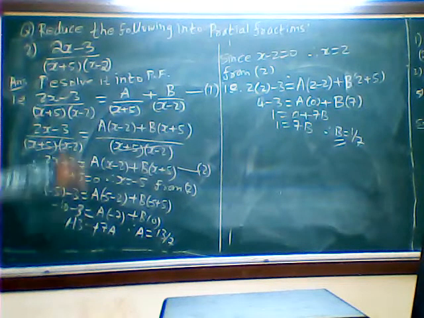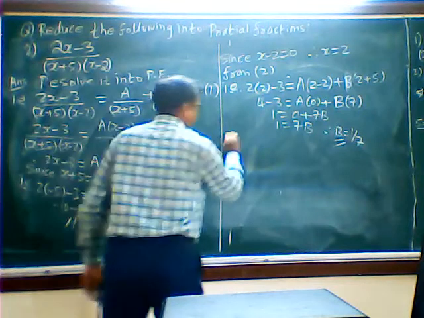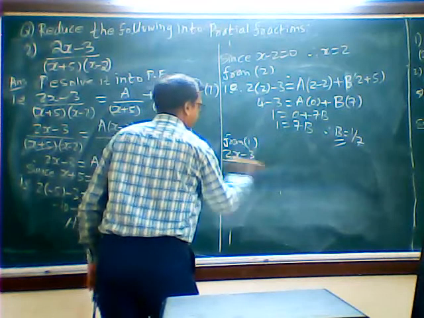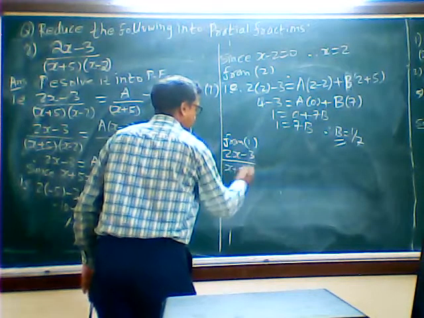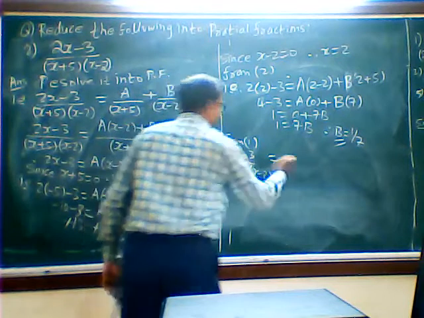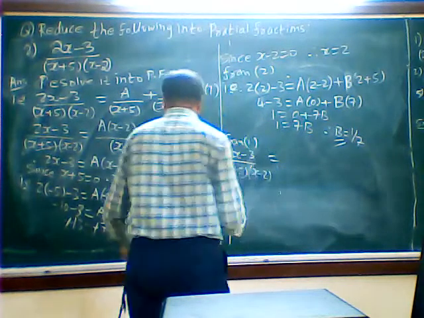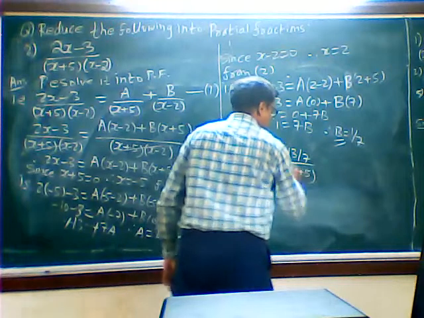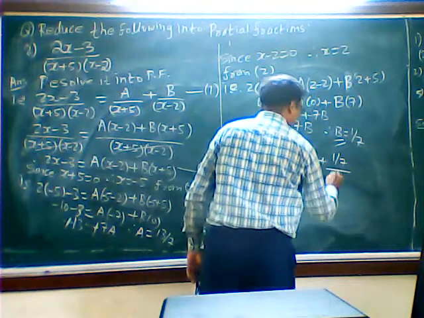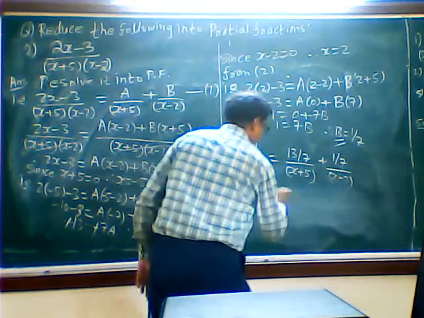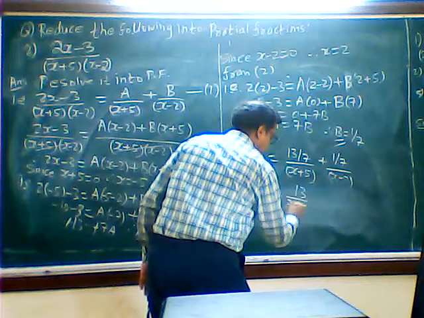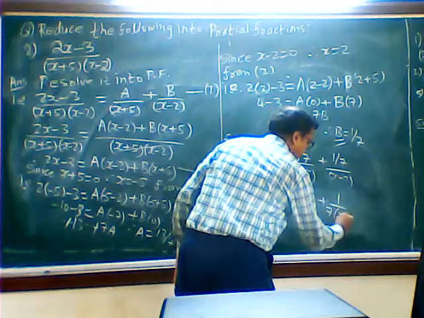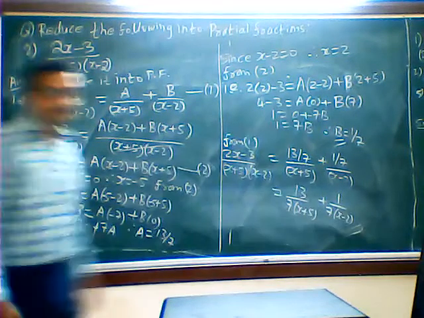Now A and B values we put in equation 1 and we will get the final answer. 2x minus 3 divided by x plus 5 into x minus 2 is equal to A divided by x plus 5 plus B divided by x minus 2, where A is 13 by 7 and B is 1 by 7. That 7 will come down, so it becomes 13 by 7 divided by x plus 5, plus 1 by 7 divided by x minus 2. This is the answer.